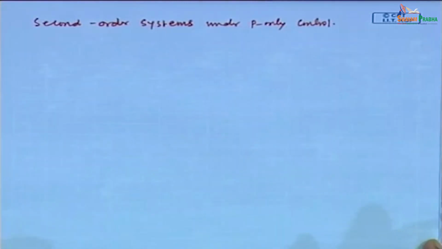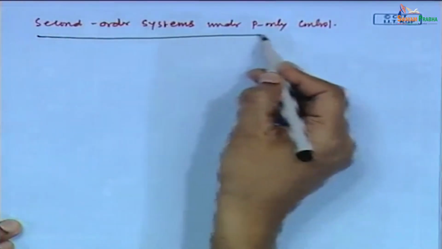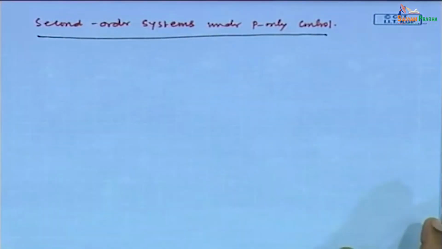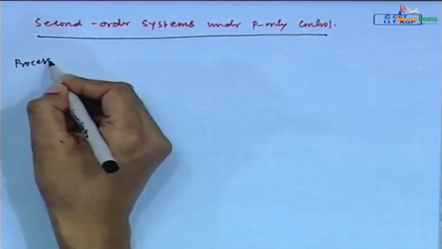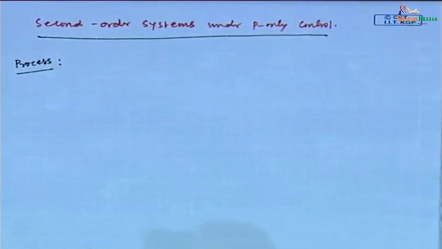Next we will discuss the dynamics of second order system under P only control, and here we will consider only the servo problem. Fine. The first element of the closed loop process is the open loop process.